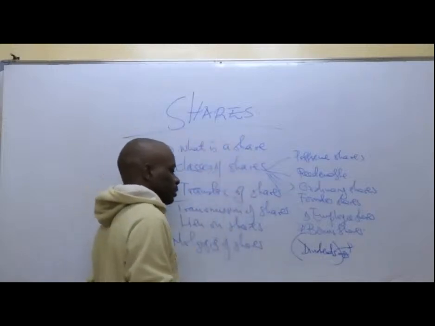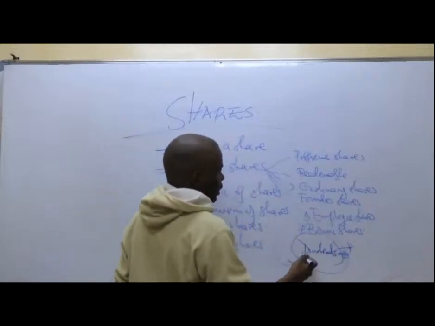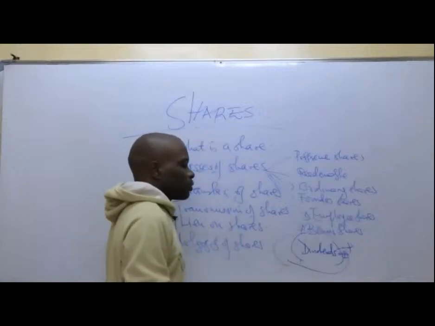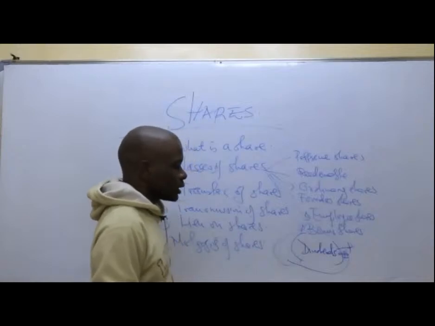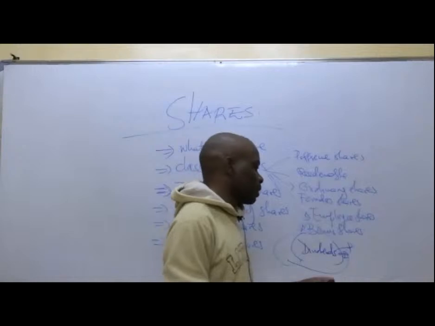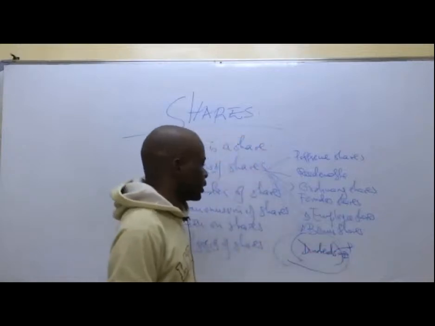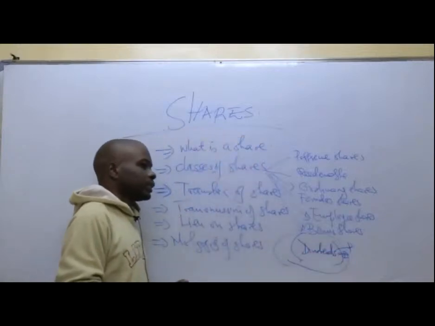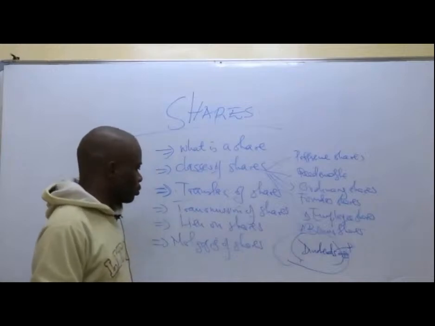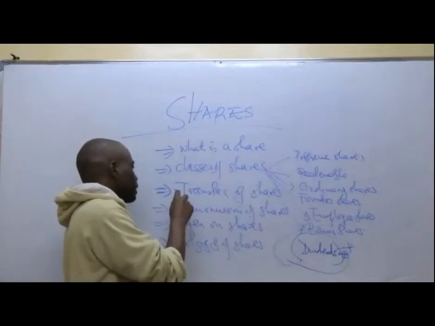You capitalize them and they become part of the capital by not issuing them out to the shareholders, but asking them to acquire more shares in the company. The extra shares they acquire can be termed as bonus shares.